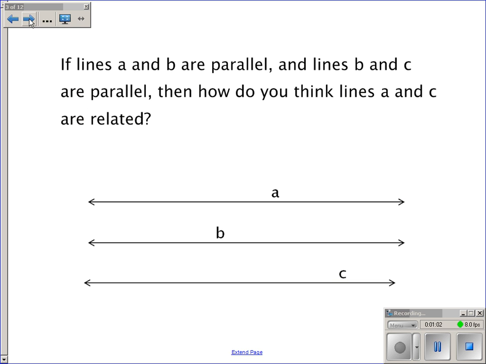If lines A and B are parallel, and lines B and C are parallel, then how do you think lines A and C are related? I hope it makes sense that if A and B are parallel and B and C are parallel, then A and C would also be parallel.